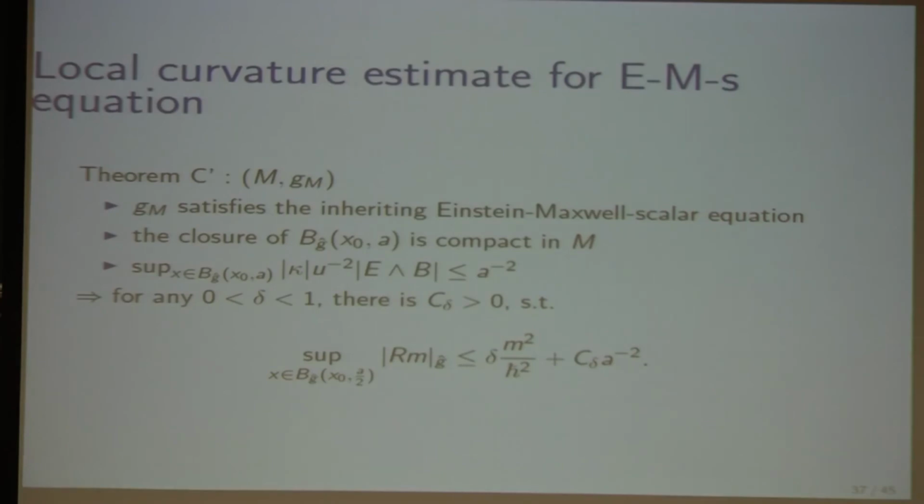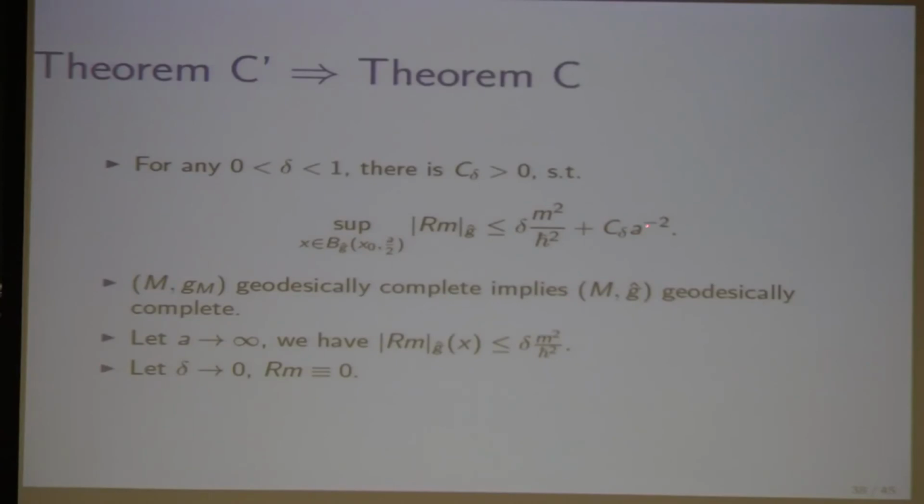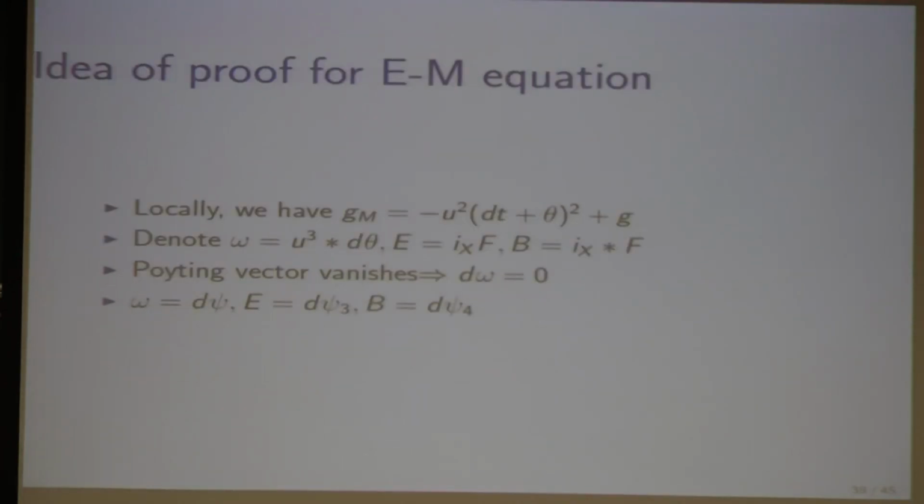So if we assume the space-time is complete, then we can take this a goes to infinity, then this term is gone. You can take this term to go to 0, then you get this one. Then take delta equal to 0, and you get this one. So this is the estimate for the Einstein-Maxwell-scalar equation.